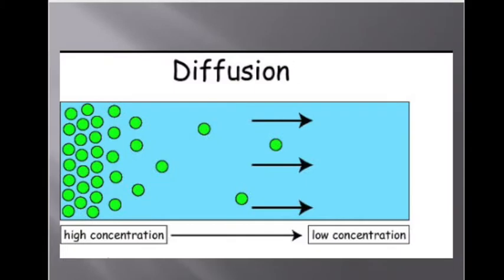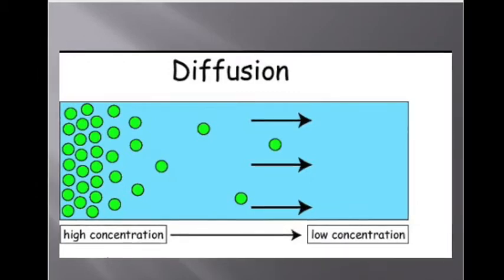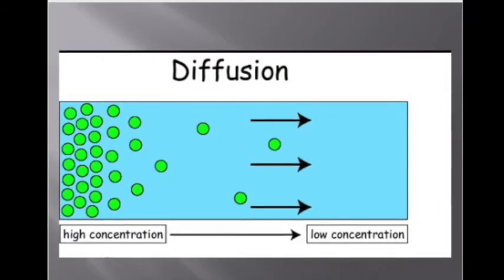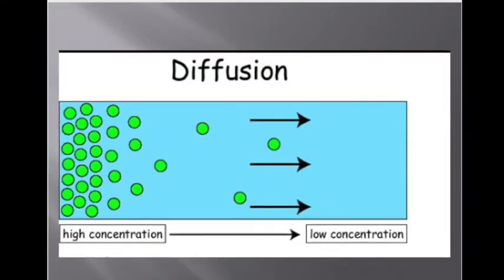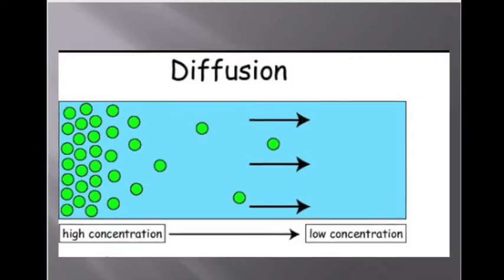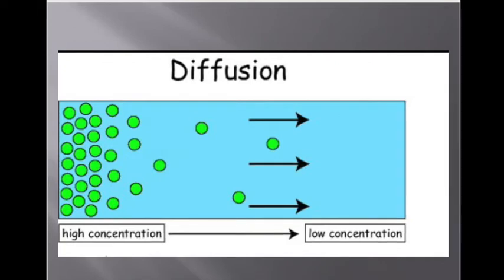This diagram explains the process of diffusion. As stated in the definition, diffusion occurs from a higher concentration to a lower concentration. In this very diagram that we are seeing on the screen, our left hand side is higher concentration.